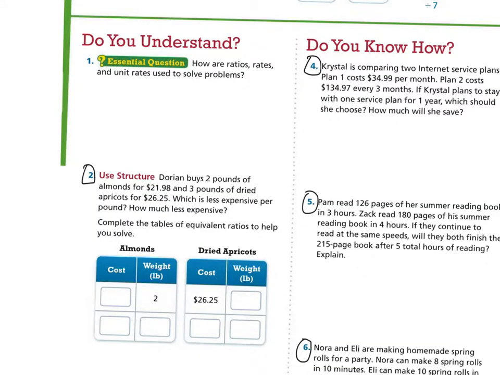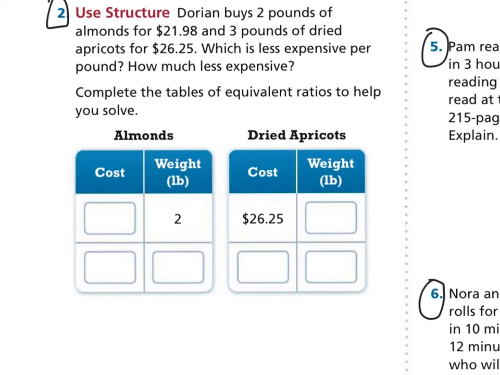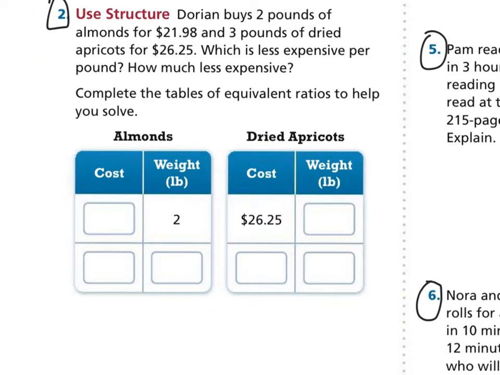Let's look at number 2. Dorian buys 2 pounds of almonds for $21.98 and 3 pounds of dried apricots for $26.25. Which is less expensive per pound? And how much less expensive? So we can look at our table here that they've gotten started for us nicely.